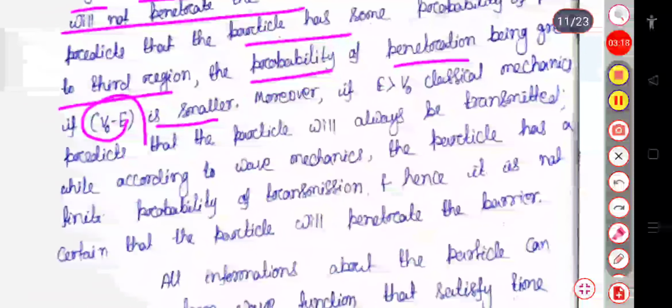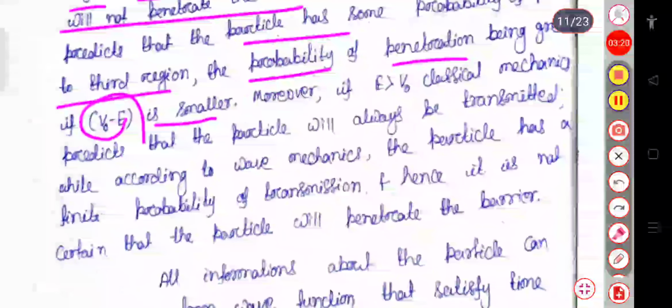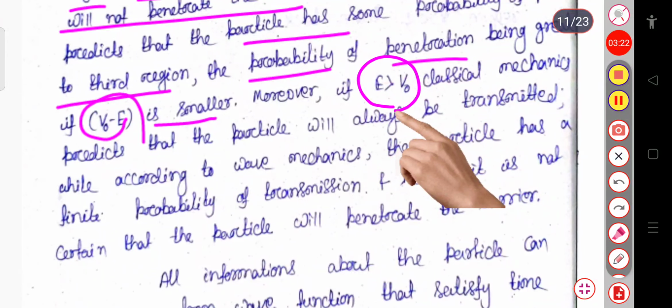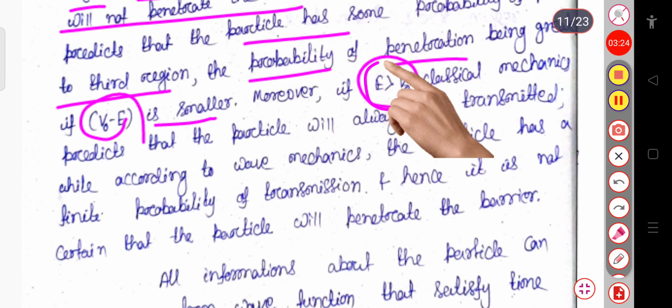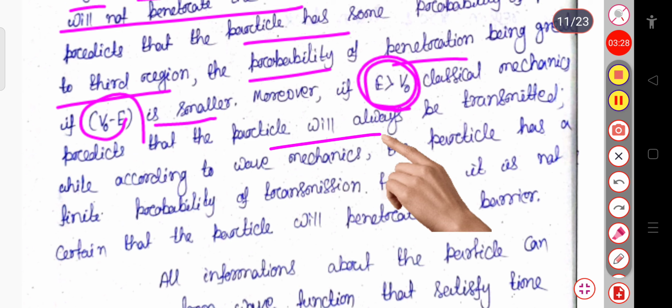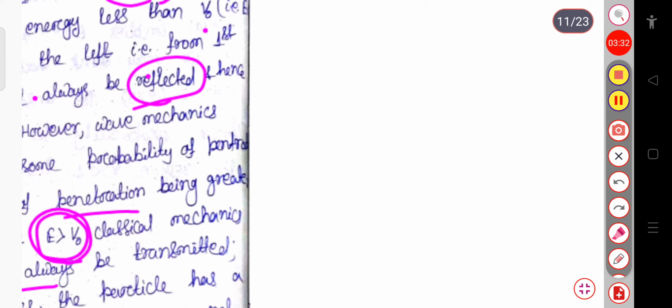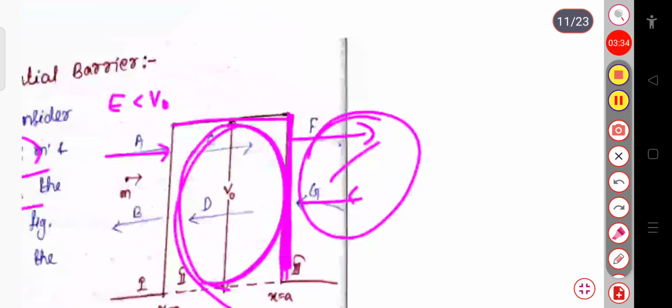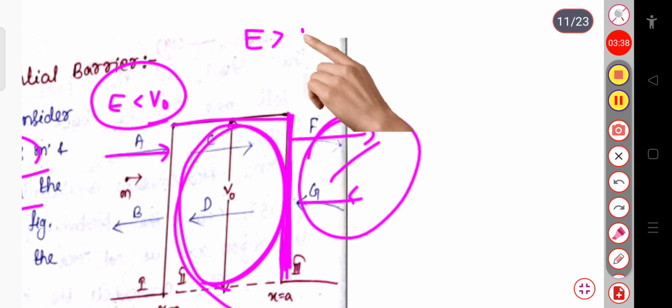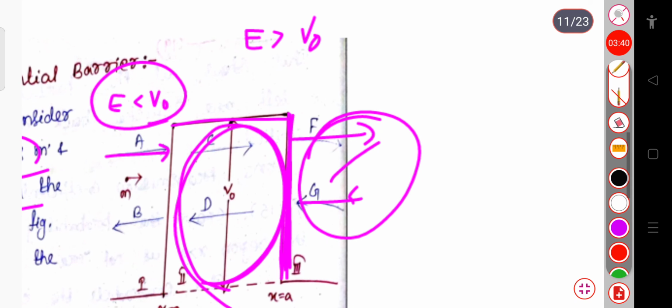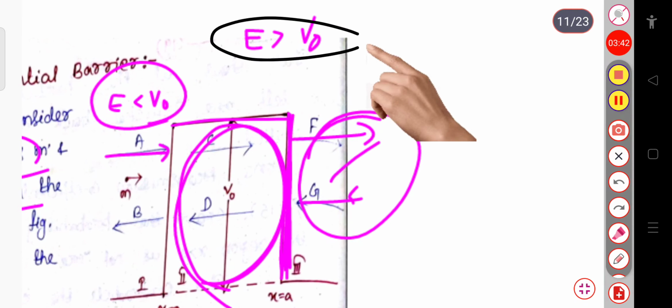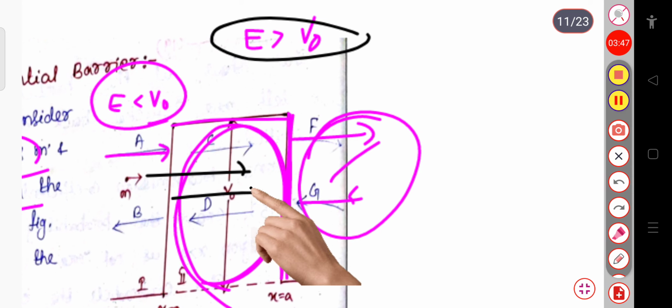Now if E is greater than V naught, classical mechanics predicts that the particle will always be transmitted. That was for E less than V naught, and now we consider E greater than V naught. When the potential is less and the energy is more, the particle will definitely get transmitted through this region.